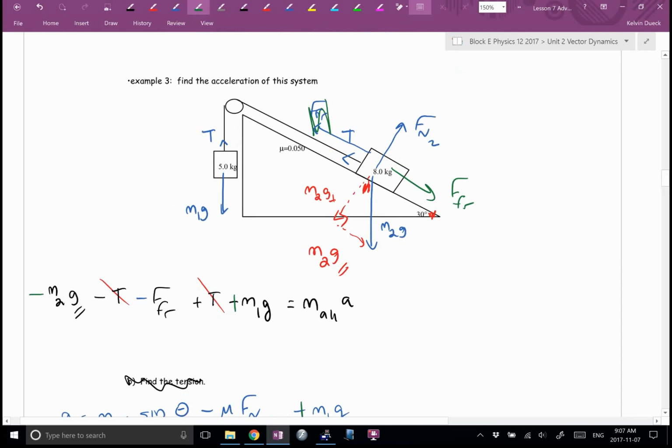What about friction? Winner or loser? Which way is friction pointing? Down the ramp? Which way is the winning direction? We've said it's moving up the ramp. Right? We've said this guy's the winner now, because we guessed wrong. So this is the winner. So which way is friction? Winner or loser?